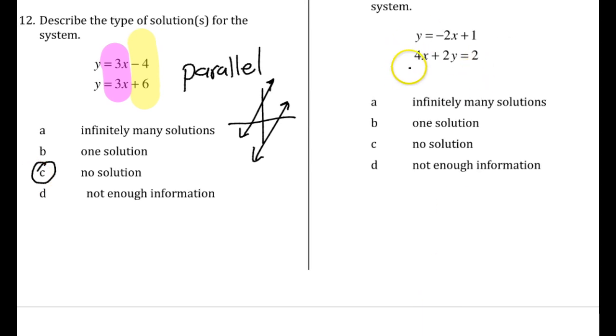And then over here, if you wanted to see what this was graphically, get 2y equals negative 4x plus 2. Divide everything by 2. We get y equals negative 2x plus 1. Dividing everything by 2 here.